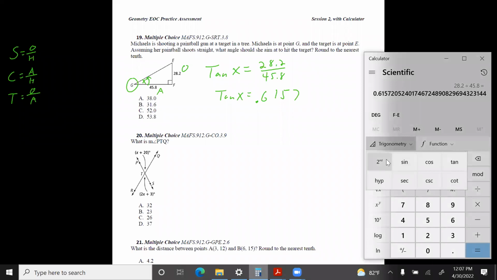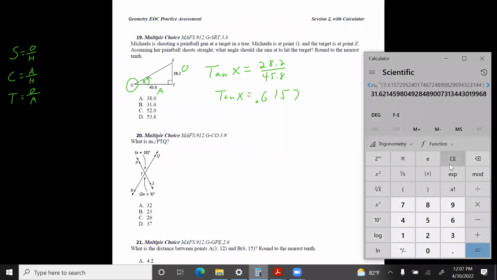So inverse tangent. Oops, what just happened? I think I hit equals one too many times there. Let me go back.